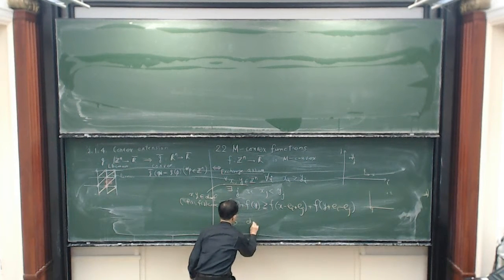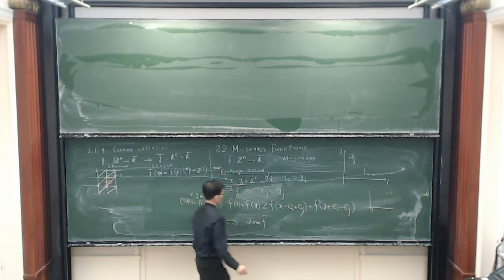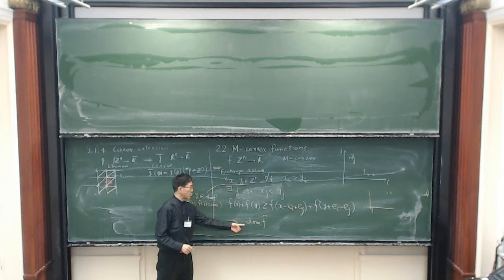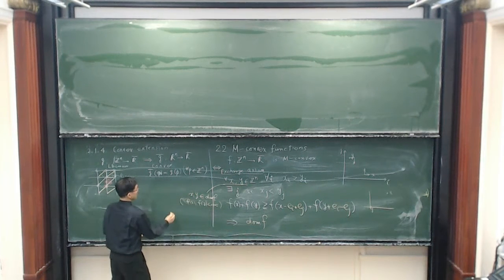the domain of definition of f. This means the set of x's at which f is finite. Okay?